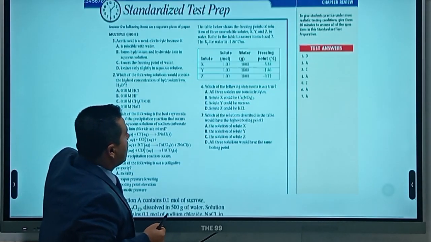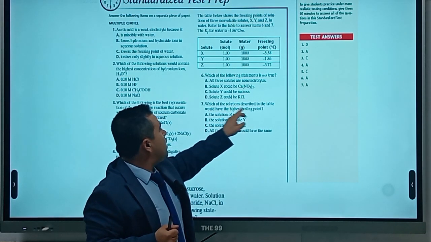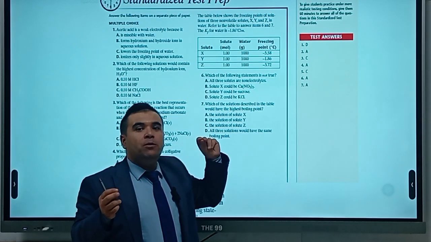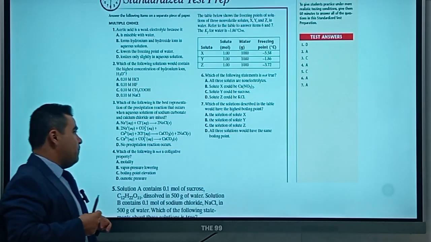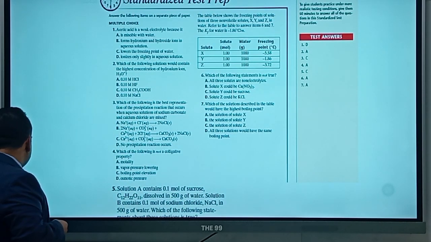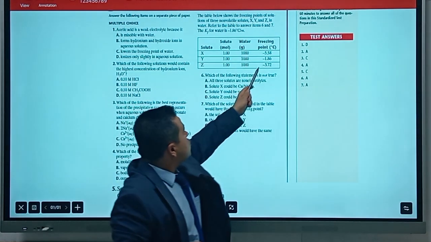For the same question, guys, which of the following solutions described in the table would have the highest boiling point? Of course, the highest boiling point relates to the freezing points as well.